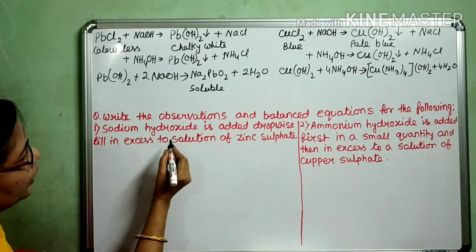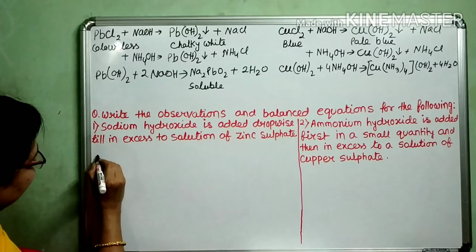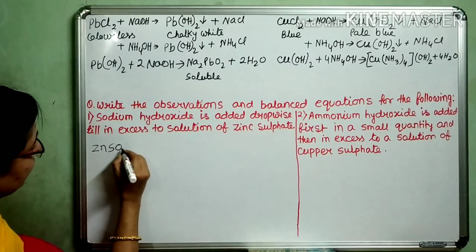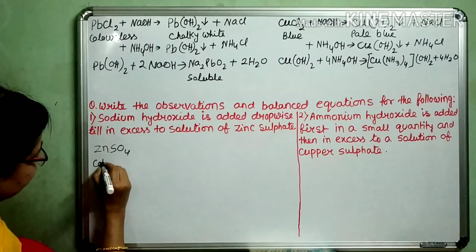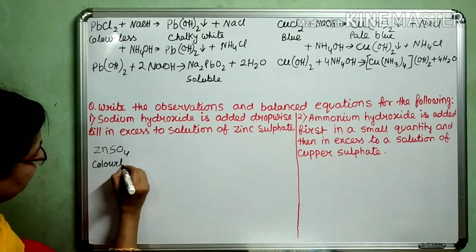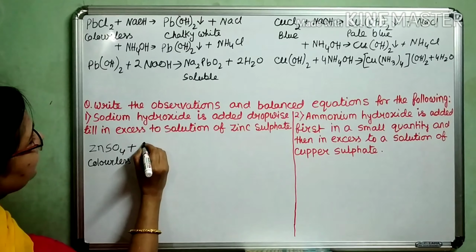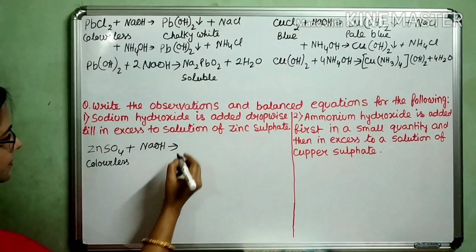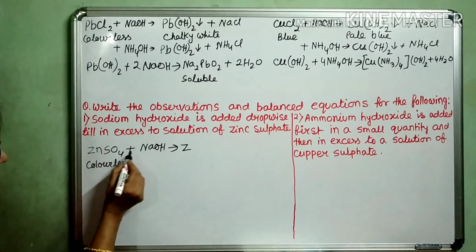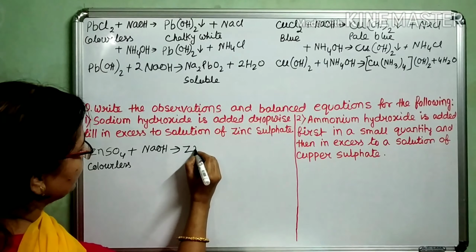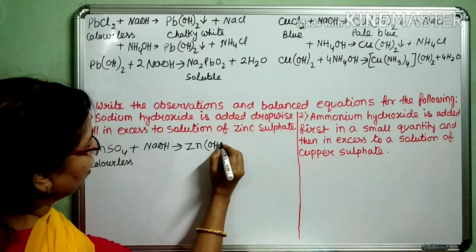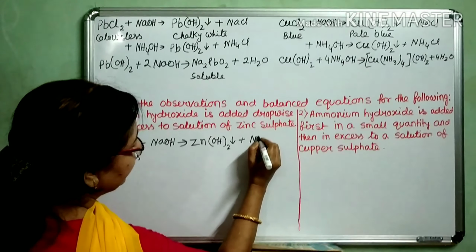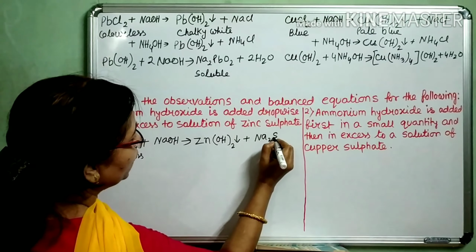First, when sodium hydroxide is added to zinc sulfate, ZnSO4, its color is colorless, plus NaOH. A double displacement reaction takes place. So, Zn(OH)2, zinc hydroxide, plus Na2SO4 is formed.